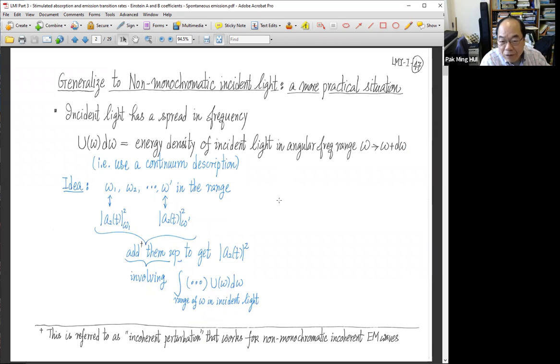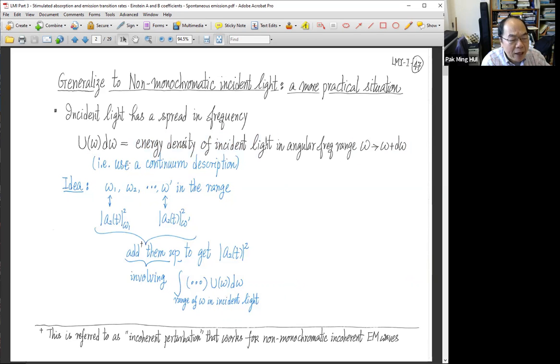Therefore, let's define something in a continuum description. The capital U, which is a function of omega, U of omega d omega is the energy density of the incident light in the interval omega to omega plus d omega.